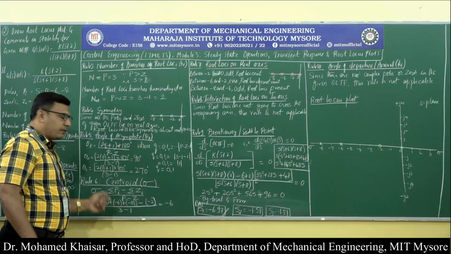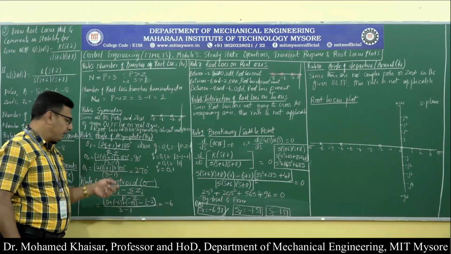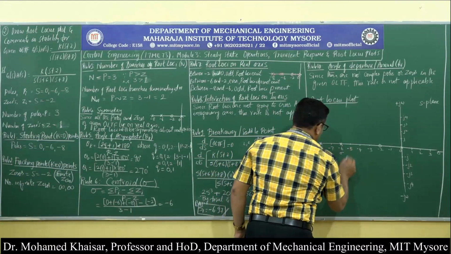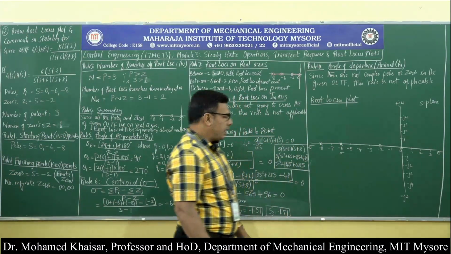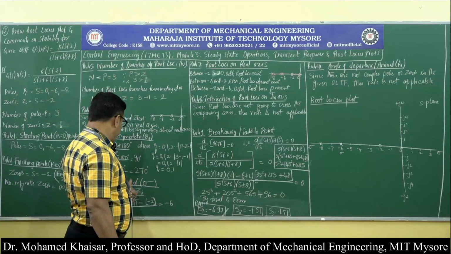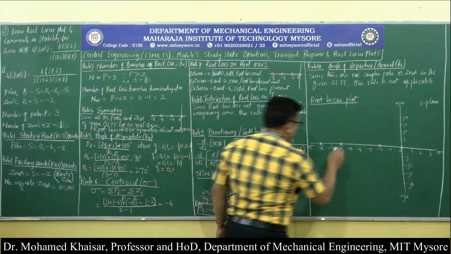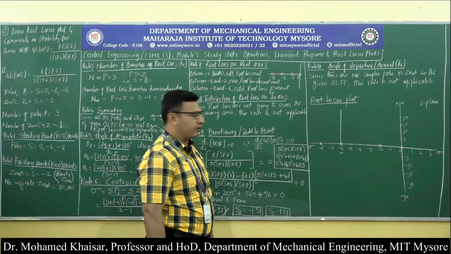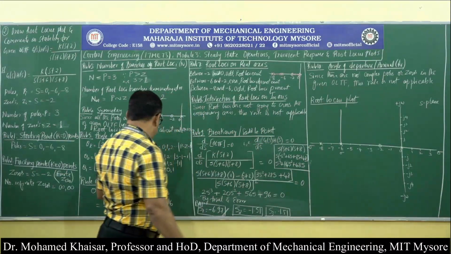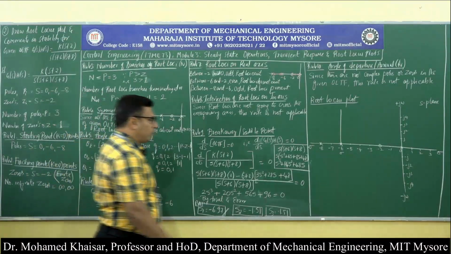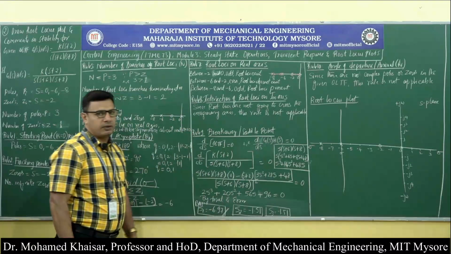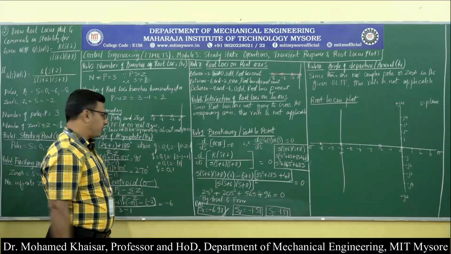And the centroid from where the asymptotic straight lines will emerge is minus 6. So minus 6 is here, this is the centroid. One asymptotic straight line will travel at 90 degrees. So from minus 6, I will draw a line vertically upwards, that is 90 degrees. The other asymptotic straight line will travel at 270 degrees, so I will draw along 270 degrees, it comes down.